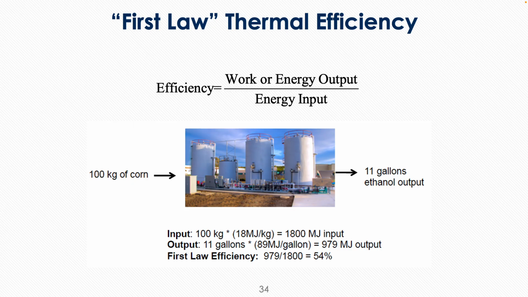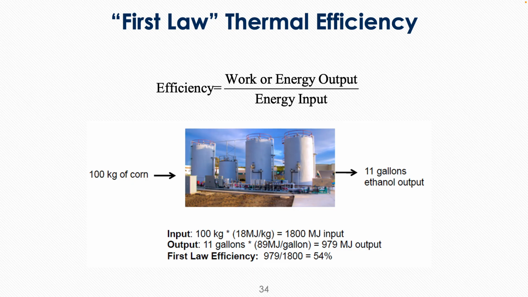You might be able to compare other fuel types. So I'm going to standardize these units here. Maybe we say corn has an energy density of 18 megajoules per kilogram, whereas ethanol has an energy density of 89 megajoules per gallon.